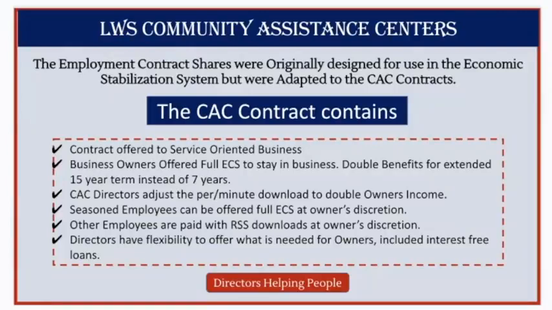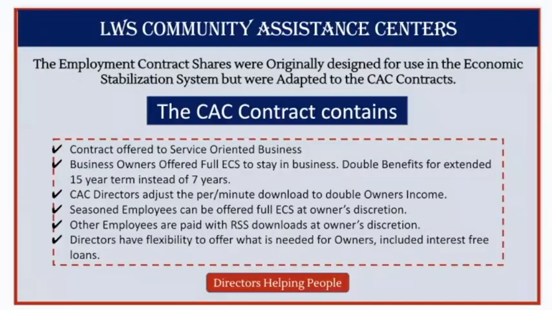The employment contract shares were originally designed for use in the economic stabilization system, but we adapted it. The CAC contract is offered to service-oriented business owners offered full ECS, that's the one we just discussed, to stay in business.